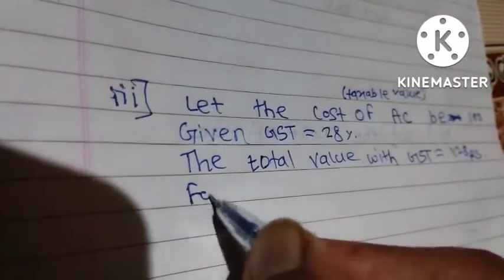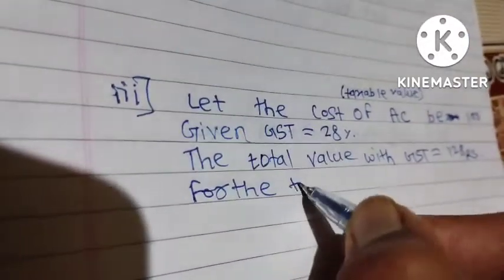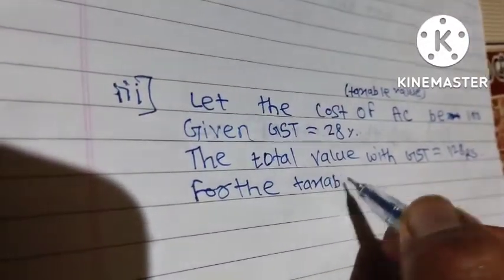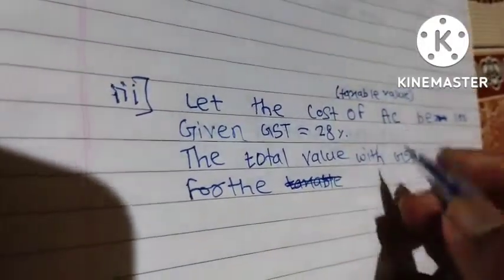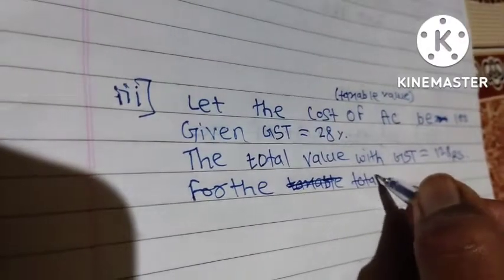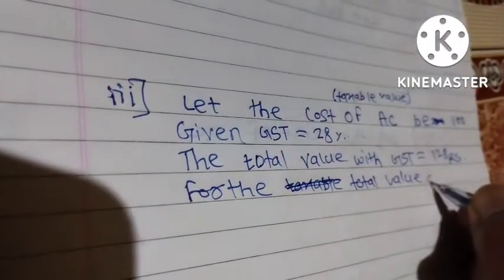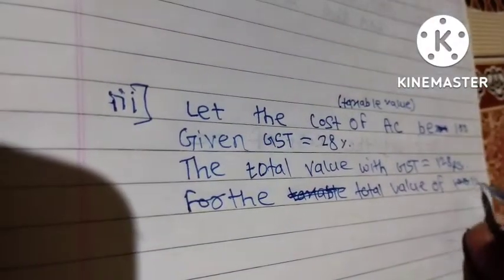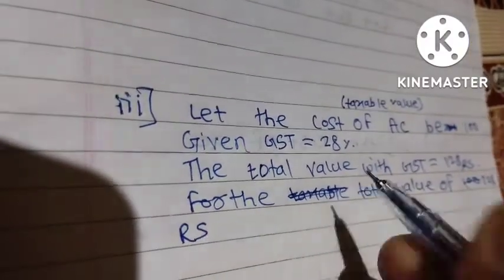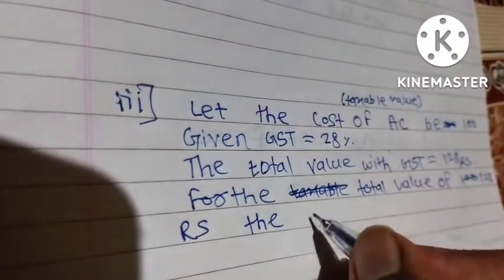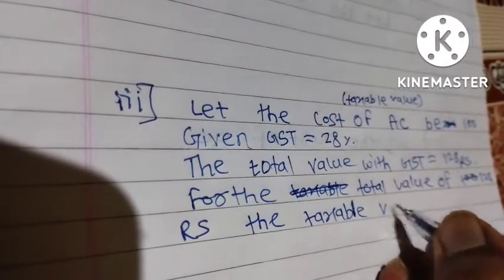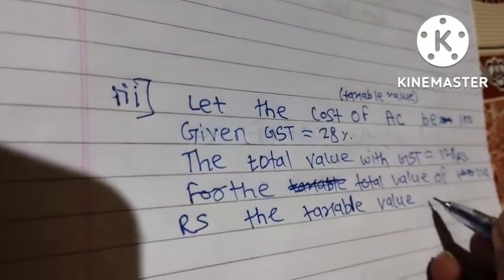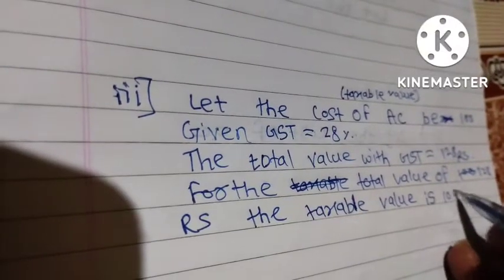So for the total value of 128 rupees, the taxable value is 100.